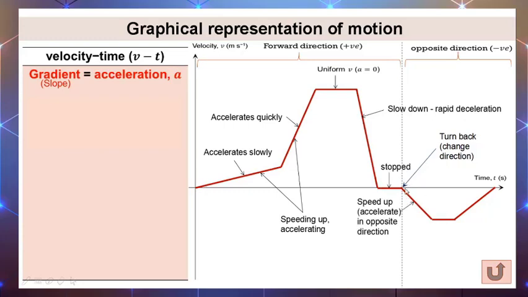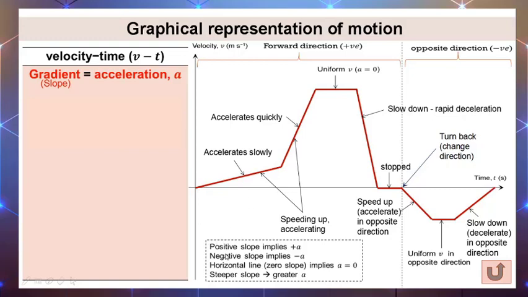So this line indicates the object is accelerating in the opposite direction. These horizontal lines indicate the velocity is uniform and it moves in the opposite direction. Last, the object is slowing down and the acceleration is decreasing and it moves in the opposite direction.